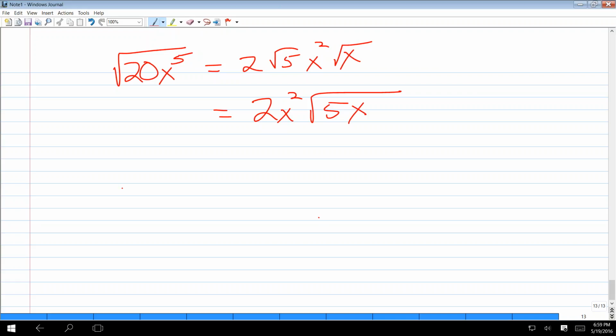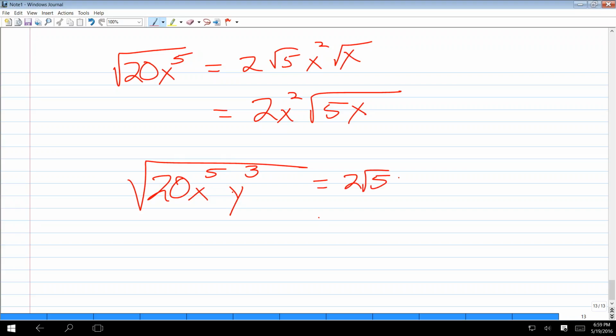If you have more than one variable, just do everything a piece at a time. In other words, let's say we had this. Well, now that's 2 root 5 times x squared times square root of x times y times square root of y.